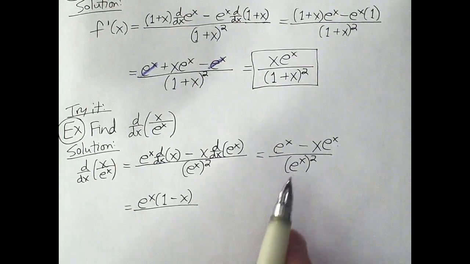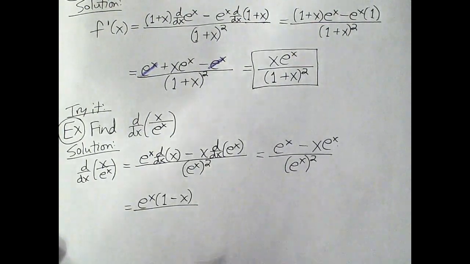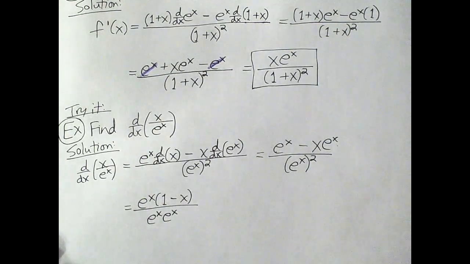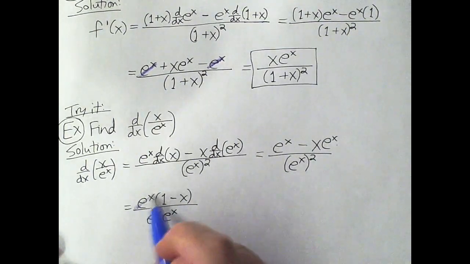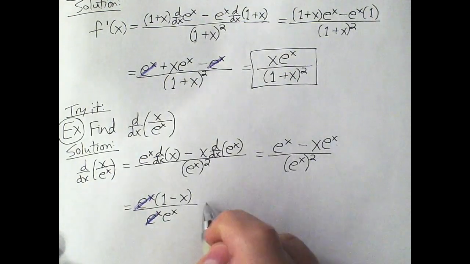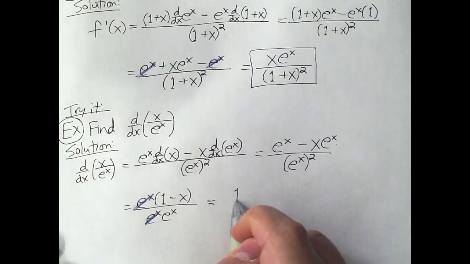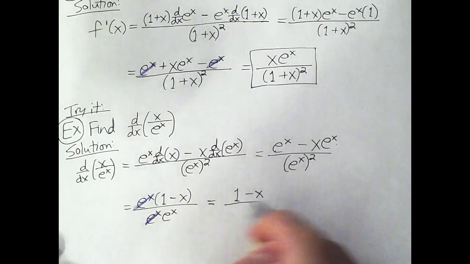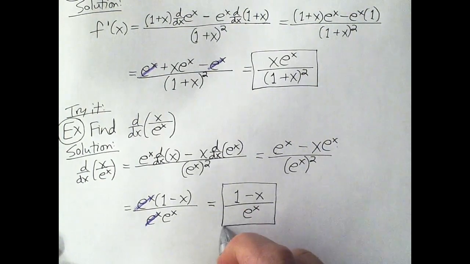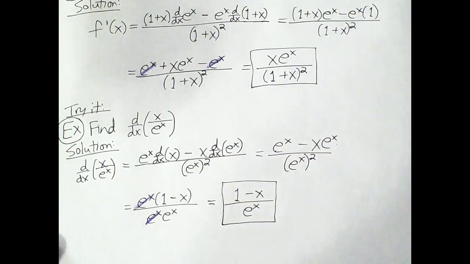And on the bottom, we have e to the x squared. E to the x squared is really e to the x times e to the x. So we have something here that cancels. We have an e to the x over itself. So the final answer, in its most simplified form, can be 1 minus x over e to the x, and nothing is getting squared in the final answer.